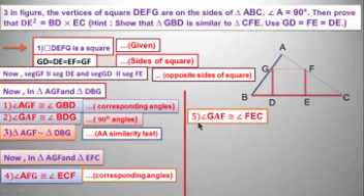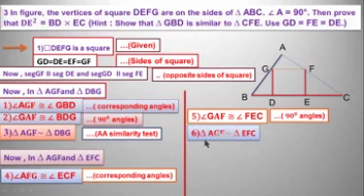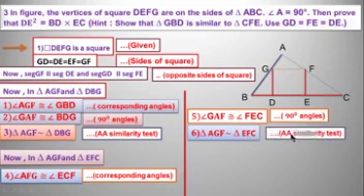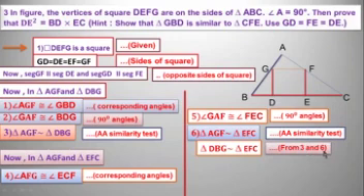Statement number 5, angle GAF is congruent to angle FEC, 90-degree angles. And therefore triangle AGF is similar to triangle EFC by AA similarity test. Therefore triangle DBG is similar to triangle EFC from 3 and 6.